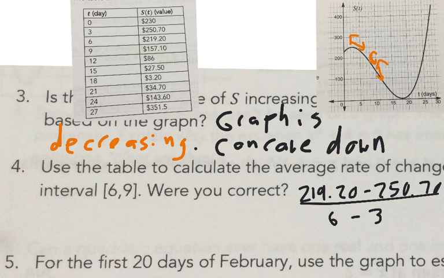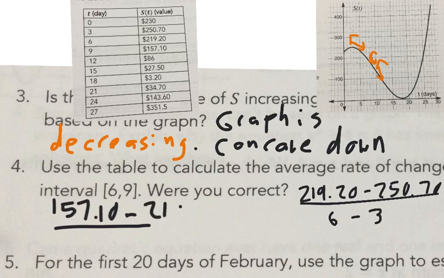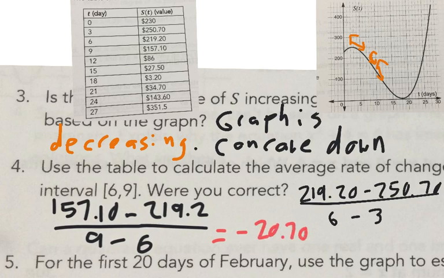So let's just plug in to confirm. So now we're between 6 and 9. So that would be y2 minus y1 over x2 minus x1. What'd you guys find there? Negative $20.70.